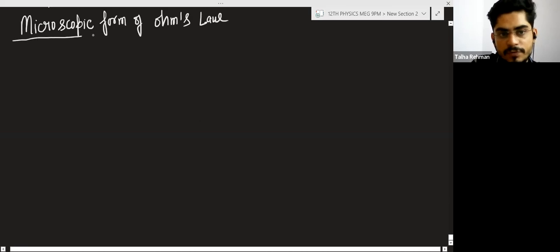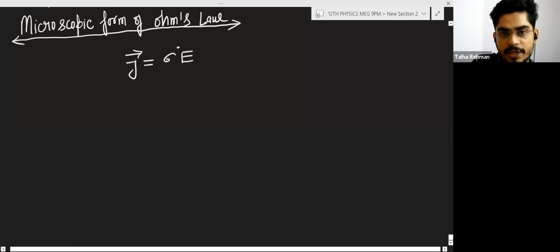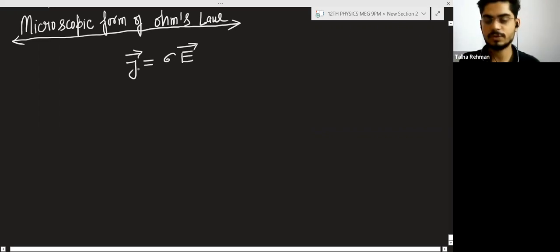Simply, this is in terms of current density: J equals sigma into electric field. This is the microscopic form, this is also Ohm's law. Here J is the current density, E is the electric field, and sigma, I have told you, is the conductivity.